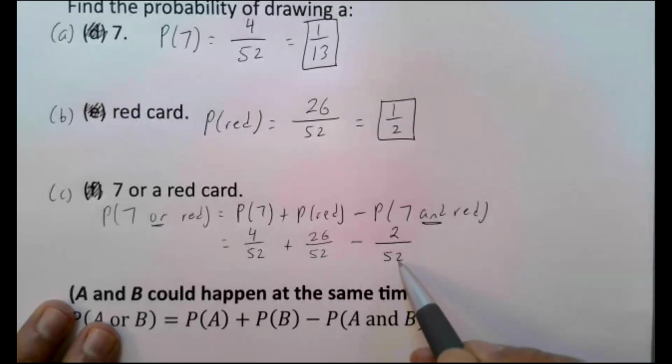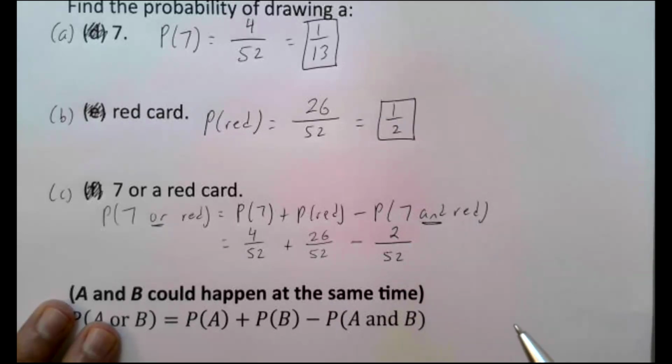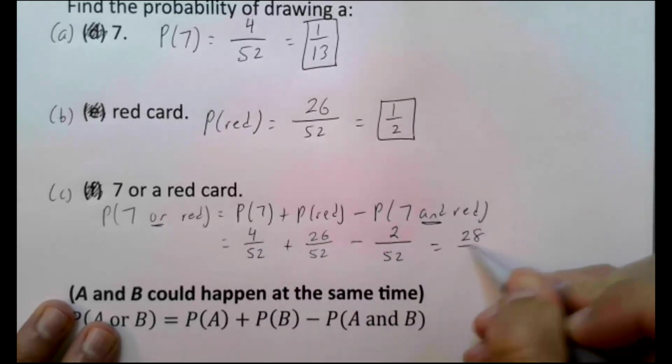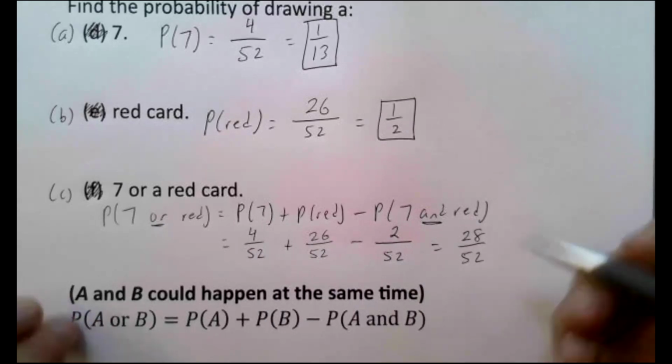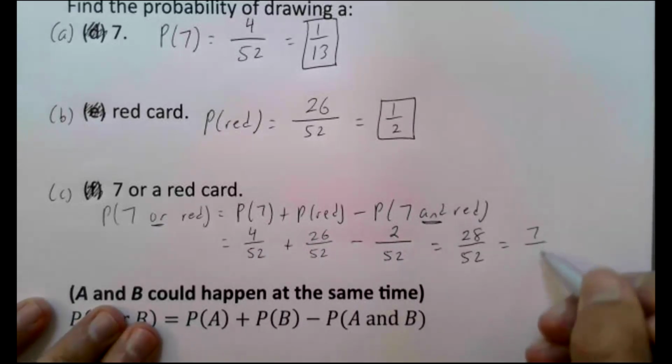And so there's a 2 out of 52 chance that you would pick a card and it meets both of those criteria at the same time. And those 2 we need to subtract because we counted them in each group over here. We double counted them. And so my final answer is 4 plus 26, take away 2, that's 28. Remember, we have that common denominator already of 52, so we leave that alone. If you divide top and bottom by 4, you should get 7 over 13.